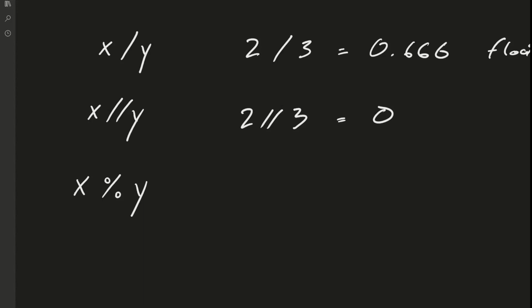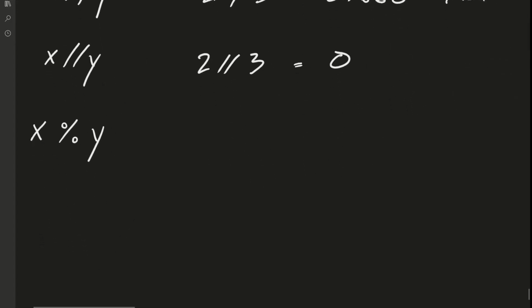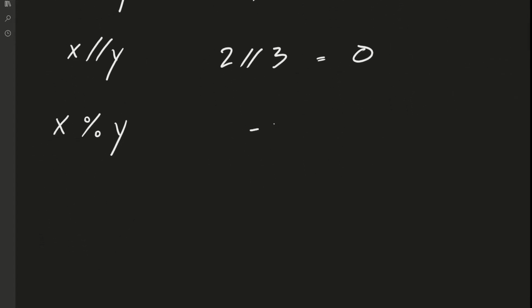This rounding to negative infinity can lead to some interesting edge cases. An interesting example is -1 integer division 2. What would you think this would be? In standard division, we'd get -0.5.